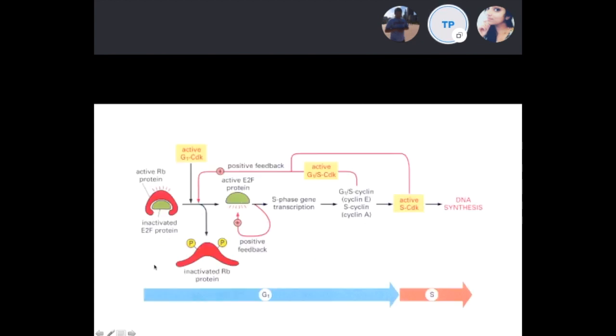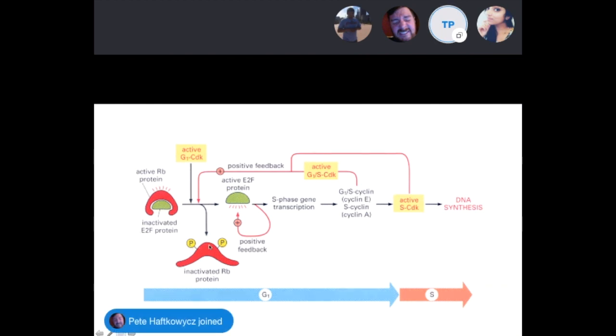Okay, so here's a picture, and what I said earlier was that the red here is the RB protein, and inside you see this green object, which is elongation factor 2. Ultimately that is going to aid in the synthesis, especially in going from G1 to S phase. And what I said was that if the RB protein is hyperphosphorylated, it will inactivate the RB protein.